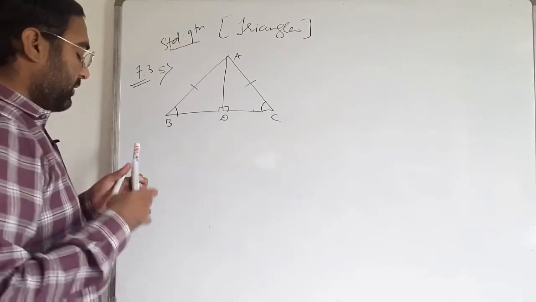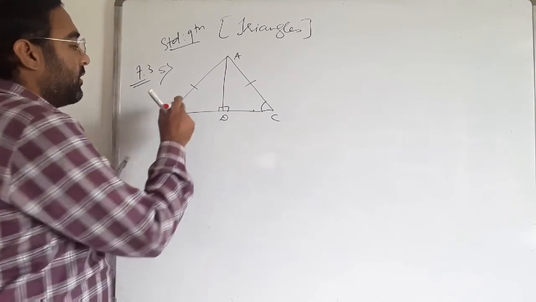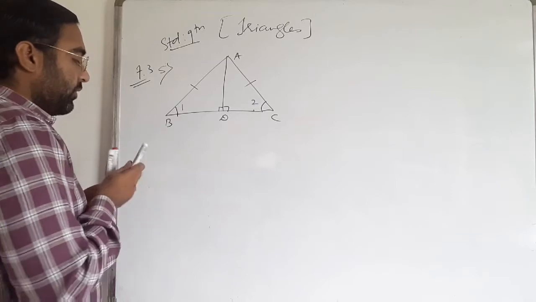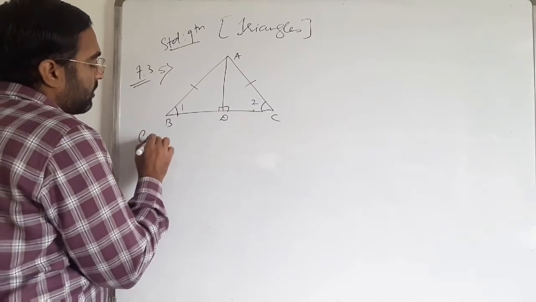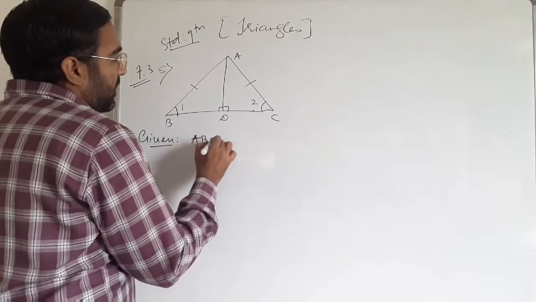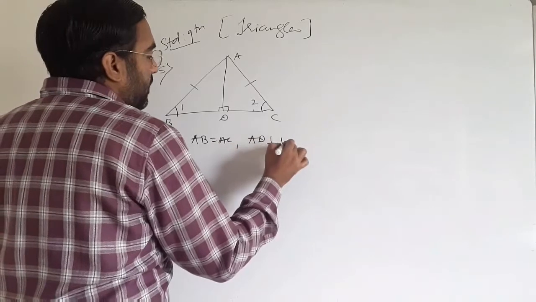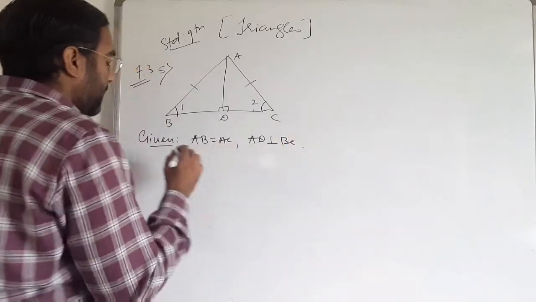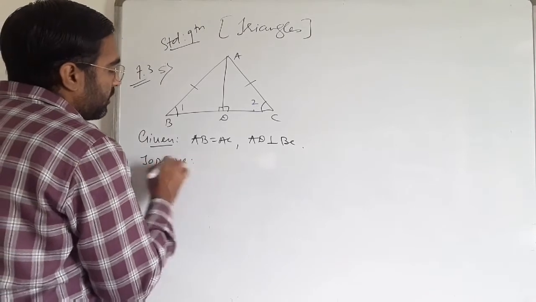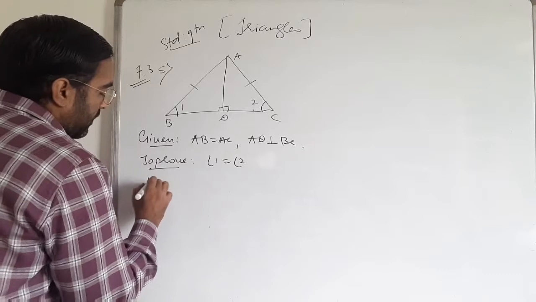I'll name these angles as angle 1 and angle 2. Given that AB is equal to AC and AD is perpendicular to BC. To prove that angle 1 is equal to angle 2.